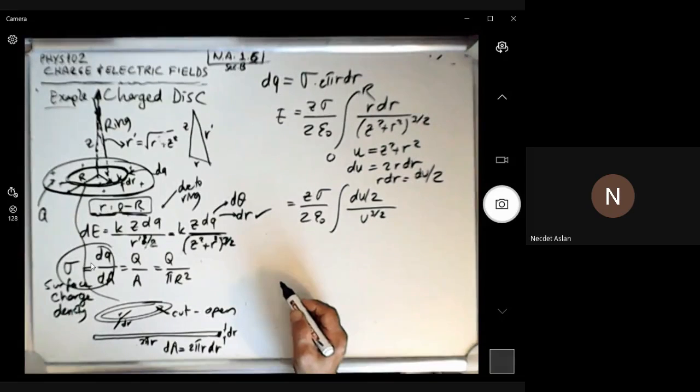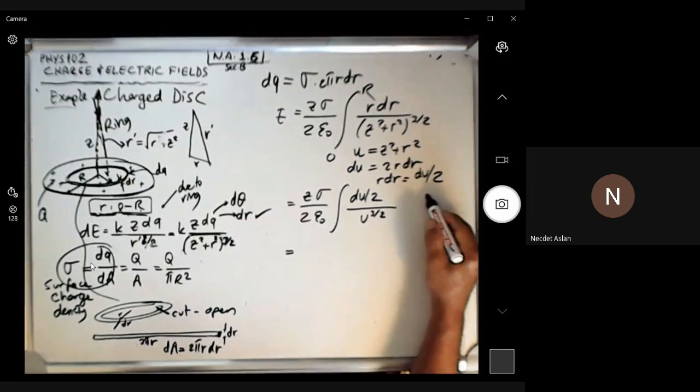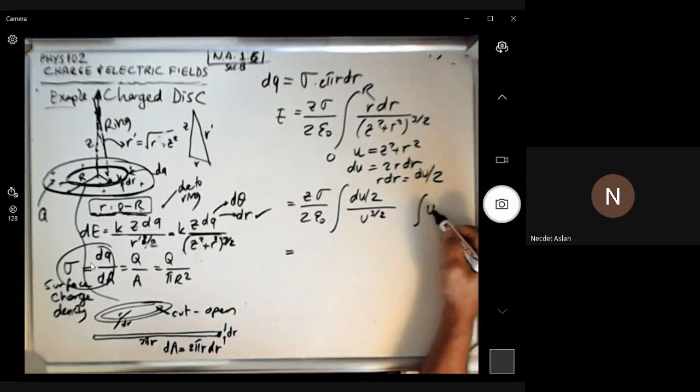Okay. Now, if you put everything together, what we end up with is that the integral of u to the minus 3/2 du is nothing but minus 2 u to the minus 1/2.